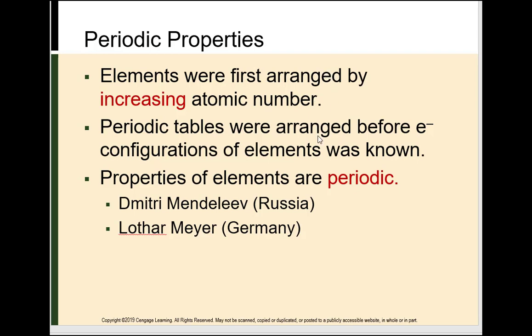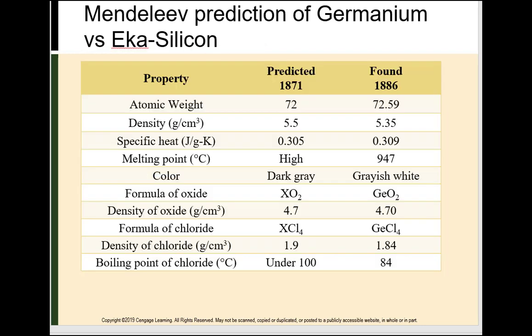And this goes way back to Dmitri Mendeleev when he was coming up with the periodic table, and when he left holes in the periodic table, and interestingly, he predicted all of these properties from atomic weight, density, specific heat, the formula it would create, boiling point, and then 15 years later, when germanium was actually found, notice the similarities.